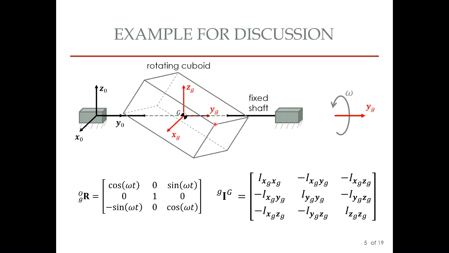Now this red frame G, just like before, keeps rotating with the cuboid. It is attached to the cuboid. So the red frame is just like before, with the same R from G to 0. Same rotation matrix. It's just that the cuboid's orientation relative to this red frame is different. But this red frame is still a body-fixed frame for the cuboid.